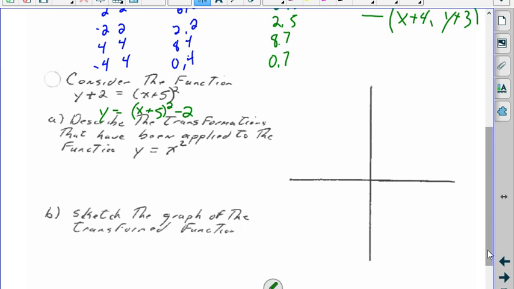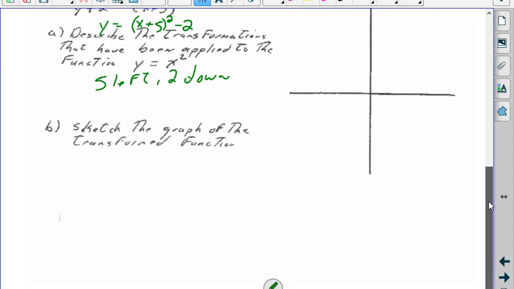Brooke, what did I do to the graph y is equal to x squared to get to this point? What moves did I apply? 5 left, 2 down.